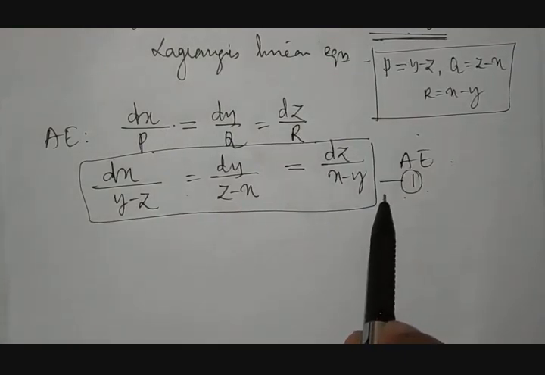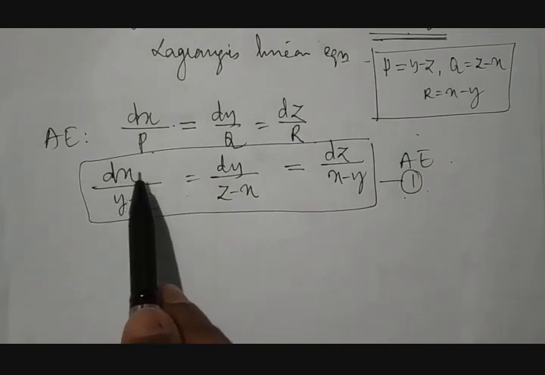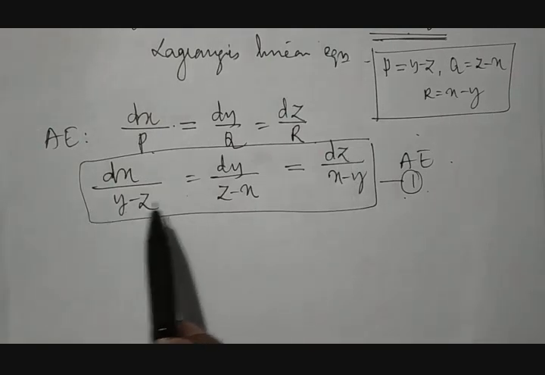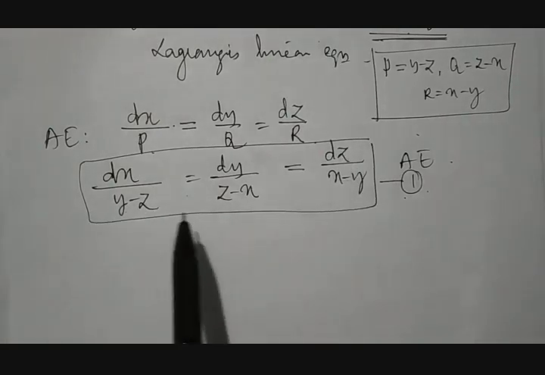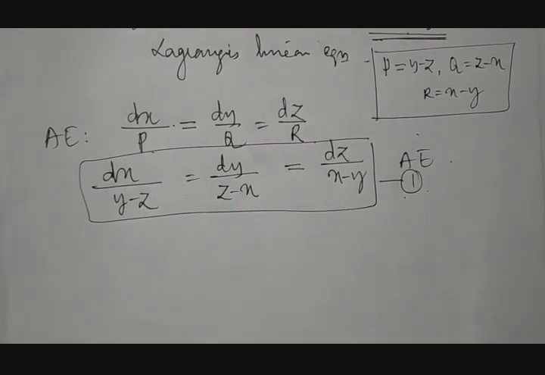Equal means what? When we choose the multipliers and add all the numerators and all the denominators, the denominator should become 0. We need to choose such multipliers.